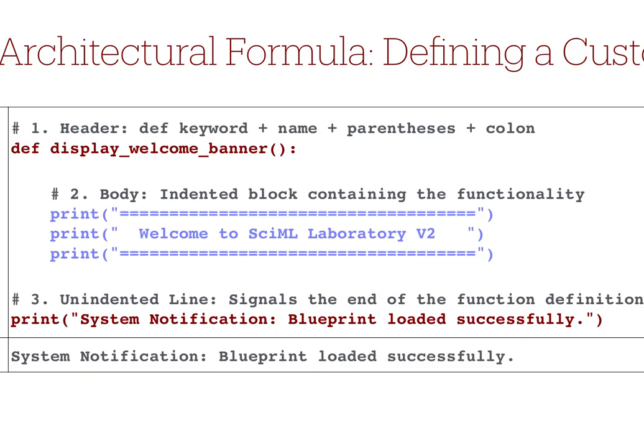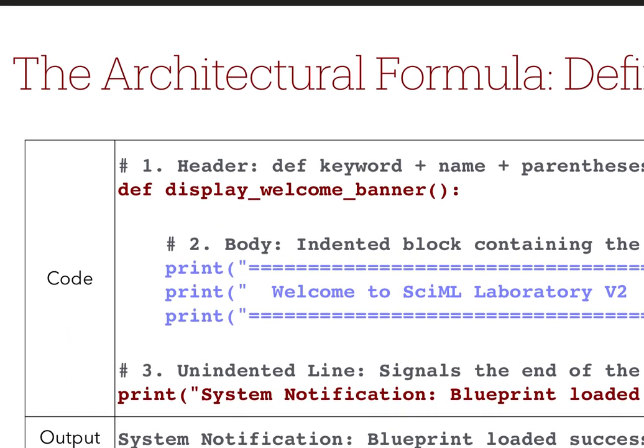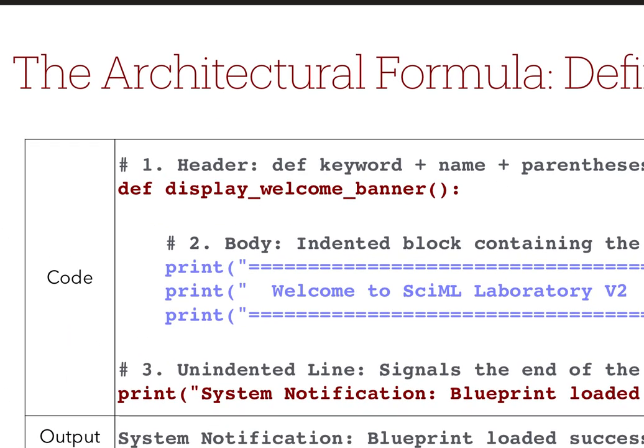So here is the format of the definition. The first word will always be def, followed by the name of the function, followed by parenthesis and colon. Right after this colon, you need to provide some indented statements.